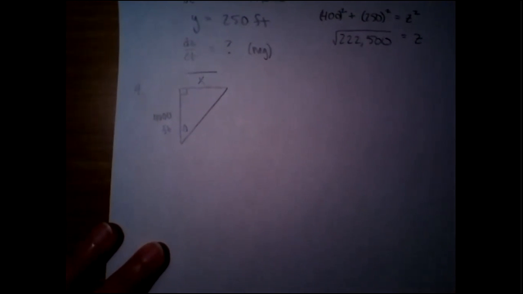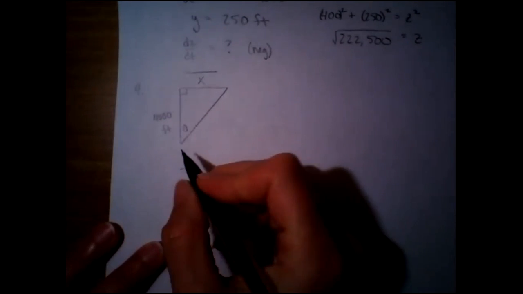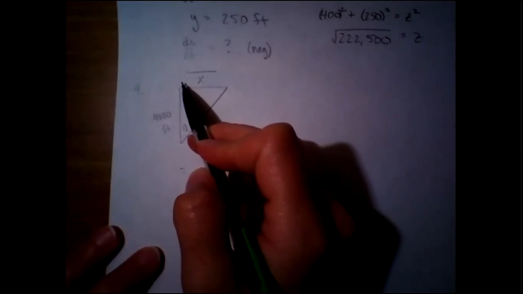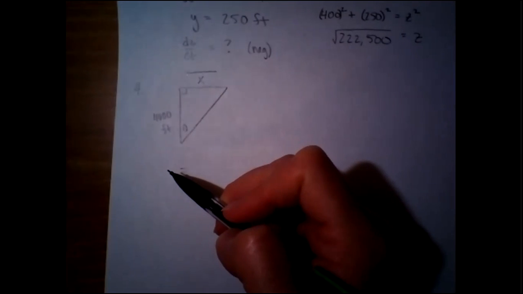So they said the plane is flying at 700 feet per second. That is a rate. So how will I label that 700 feet per second? What am I gonna call that? If that's the rate that the plane is flying, what will I call that in my list here? The rate for the plane.